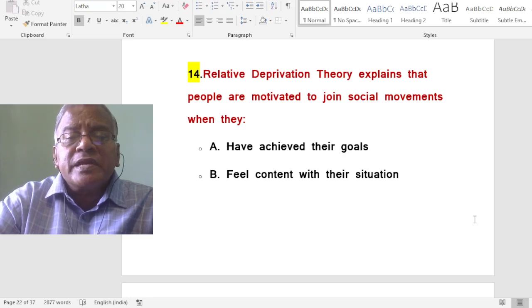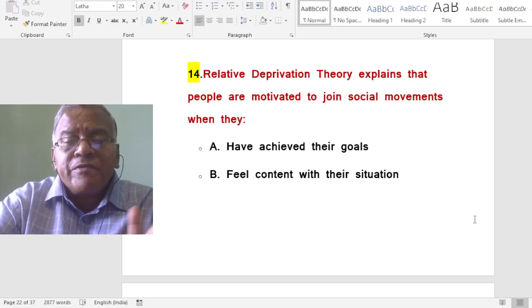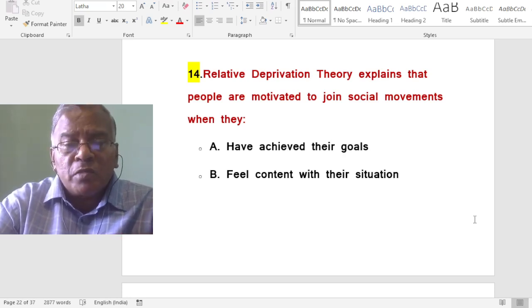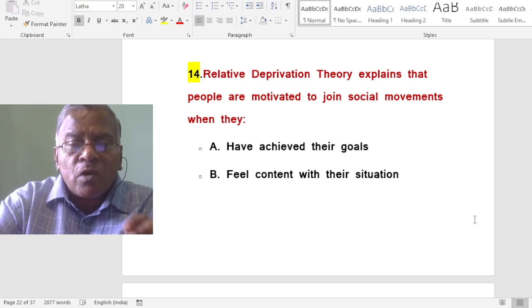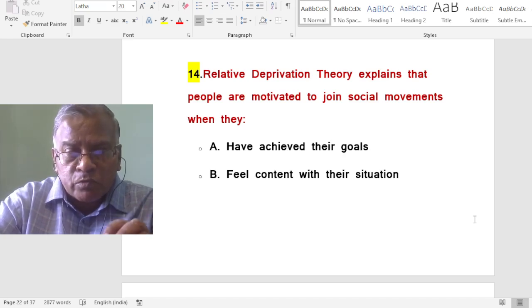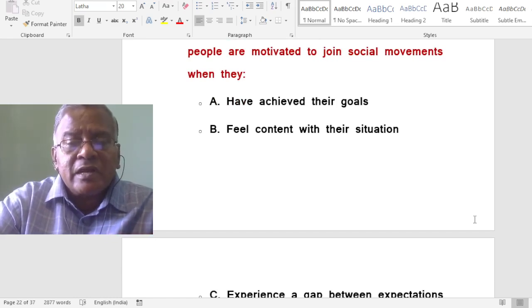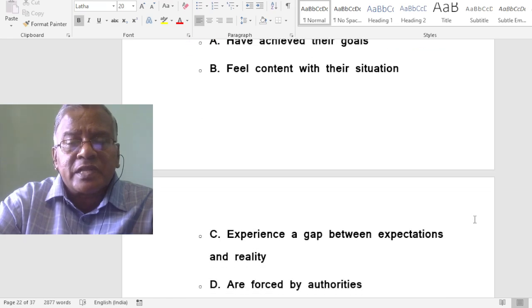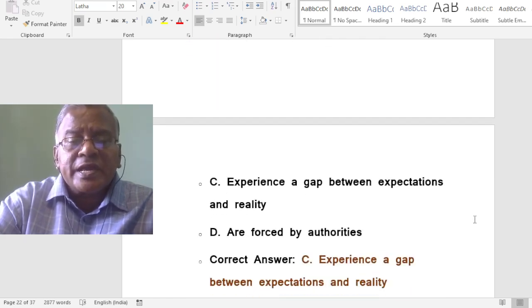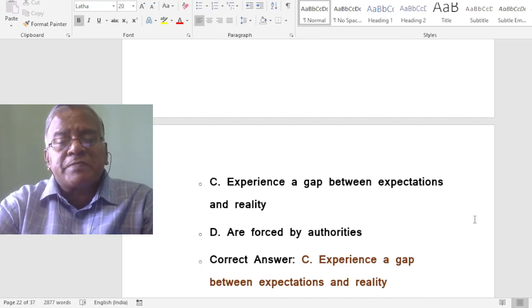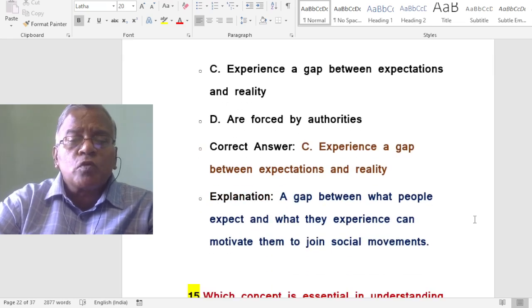Relative deprivation theory explains that people are motivated to join social movements when: they have achieved their goals, they feel content with their situation, they experience a gap between expectations and reality, or they are forced to obey authorities.